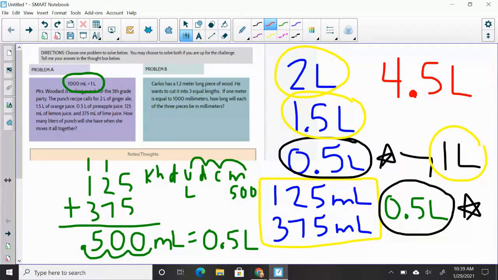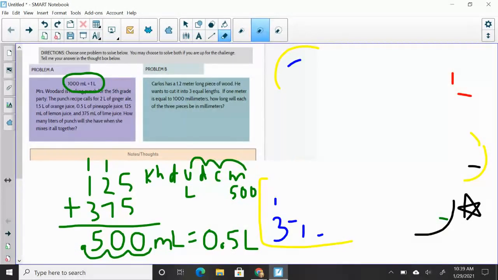Okay. You could have also done it a different way, and you could have converted your milliliters to liters right away. And I'll show you what that looks like really quickly.